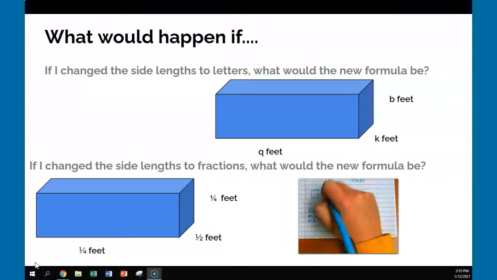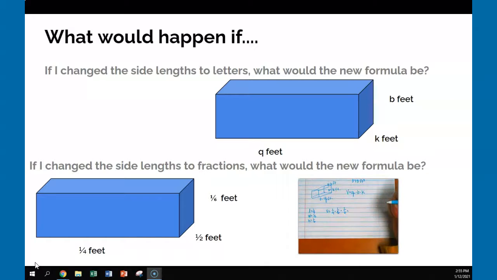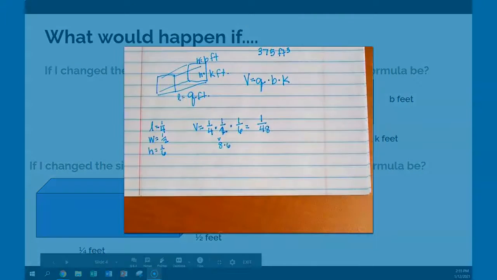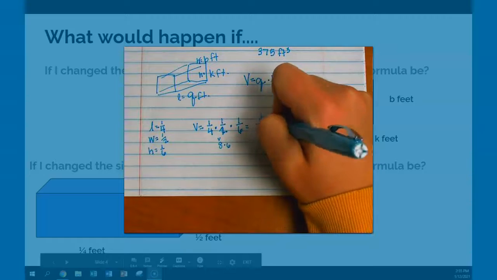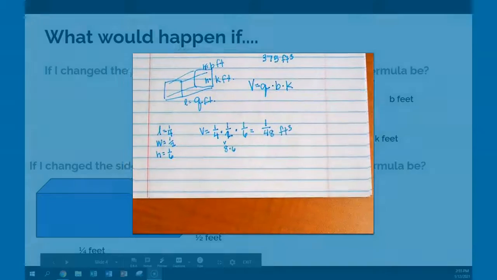If I plug that information into my formula, volume is equal to 1/4 times 1/2 times 1/6. To solve this, 1 times 1 times 1 would be 1. 4 times 2 would be 8, times 6 would give me 48. So the volume of that rectangular prism would be 1/48 cubic foot.